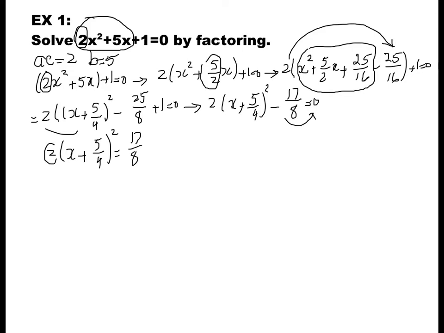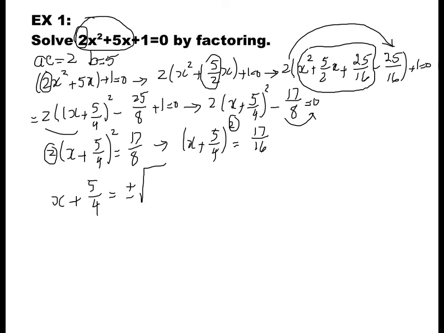Then I divide both sides by 2, so I get x plus 5 over 4 squared is equal to 17 over 8 divided by 2, which gives me 17 over 16. Now, the opposite of a square is square root, so I say x plus 5 over 4 is going to be plus or minus square root of 17 over 16. I move this one to the right, change it to negative 5 over 4, and also square root of 16, the bottom, becomes 4.